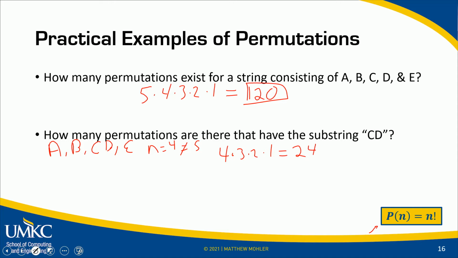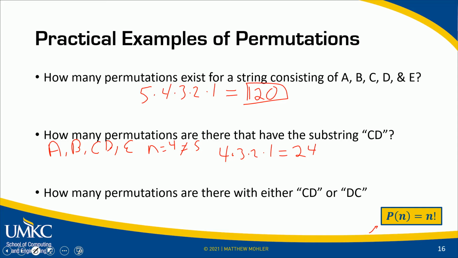Now, if we wanted to add another layer of complexity to this problem, we would say, well, how many permutations are there with either CD or DC? Well, at this point, because permutations are mutually exclusive, right? We've said that they're unique combinations. And in making CD a single element, we've eliminated all of the DC options.